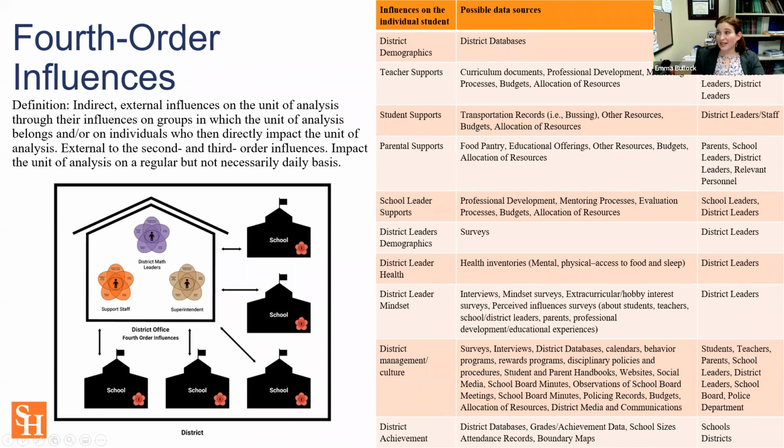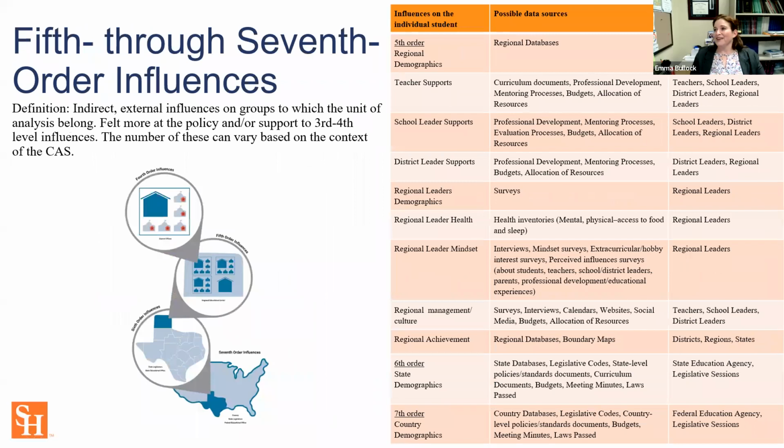All right, I'm going to condense the fifth through seventh. So fifth through seventh order influences, in the case of closing achievement gaps in urban settings for mathematics, are indirect external influences on groups to which the unit of analysis belongs. These influences are felt more at the policy or support level, beyond the third and fourth order influences.